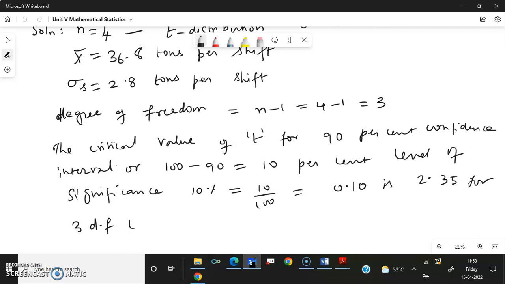This we saw as per the table of t distribution.